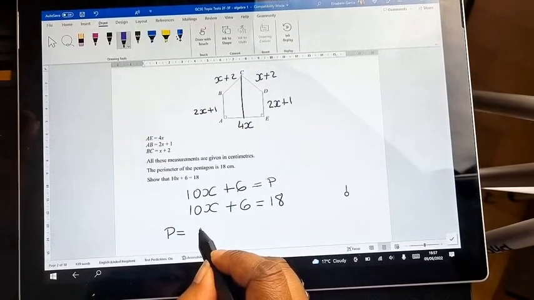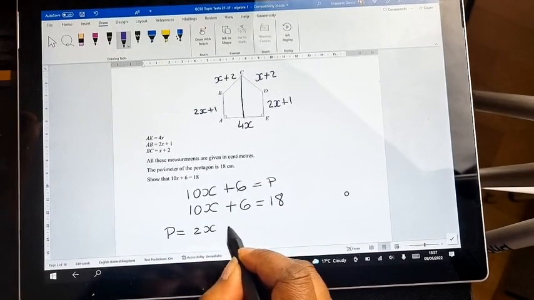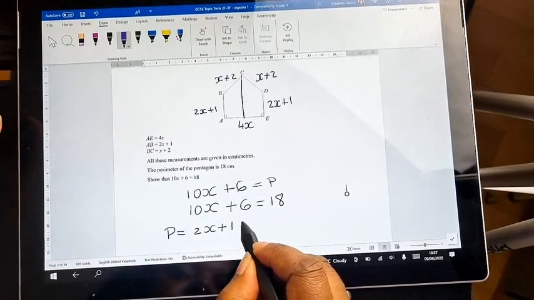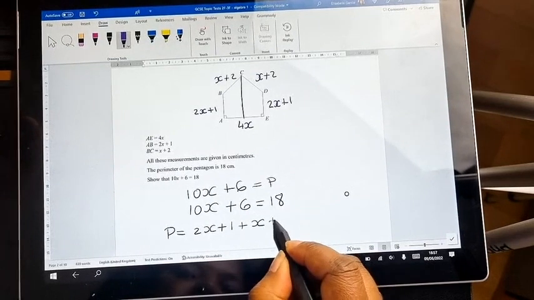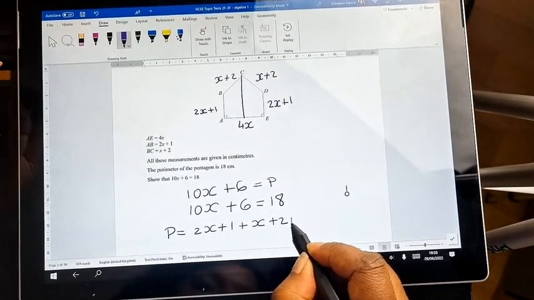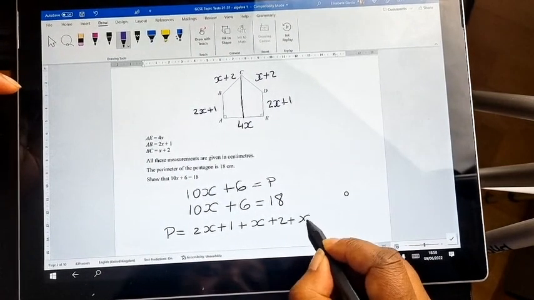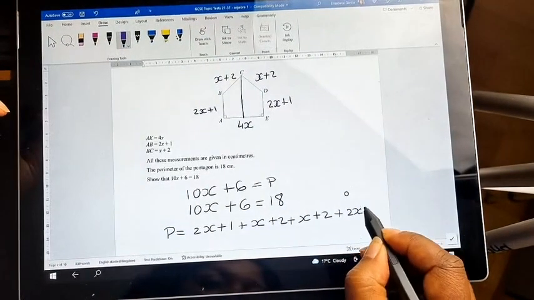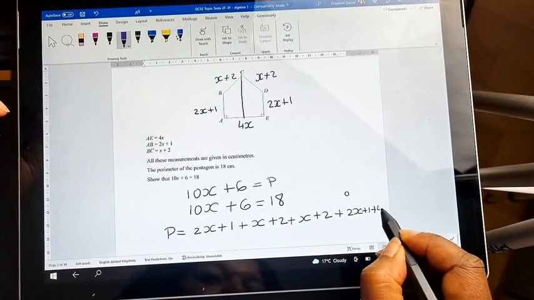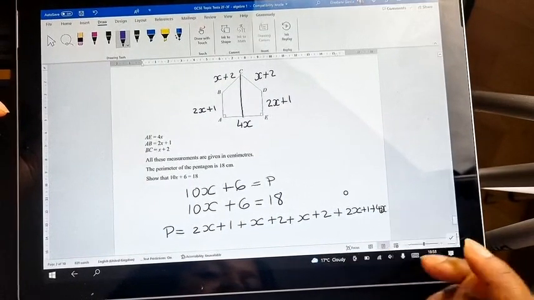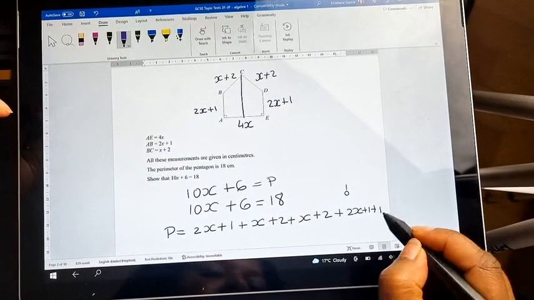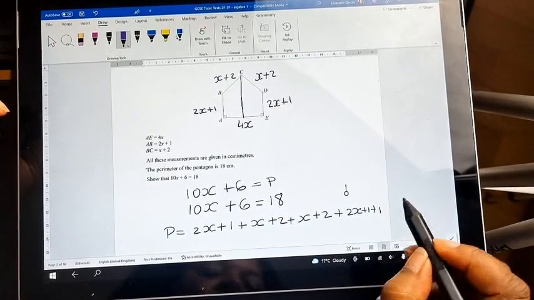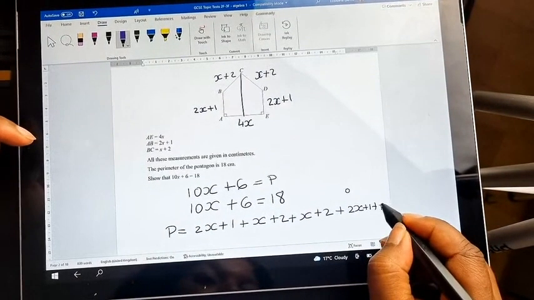So we can start straight away by saying 2x plus 1 plus x plus 2 plus x plus 2 plus 2x plus 1 plus 4x. For the ones that think we need to go all the way, that's all you have to do. Once you simplify, you come to the same answer.